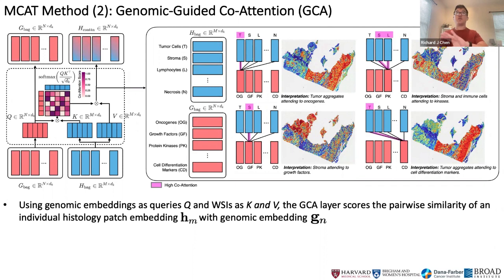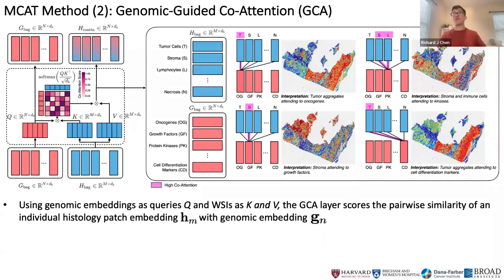With co-attention here, or what I call genomic guided co-attention, if you have K different gene families or gene signatures, it will produce K different summaries of the whole slide that each summarize a different portion of information in the tumor microenvironment.